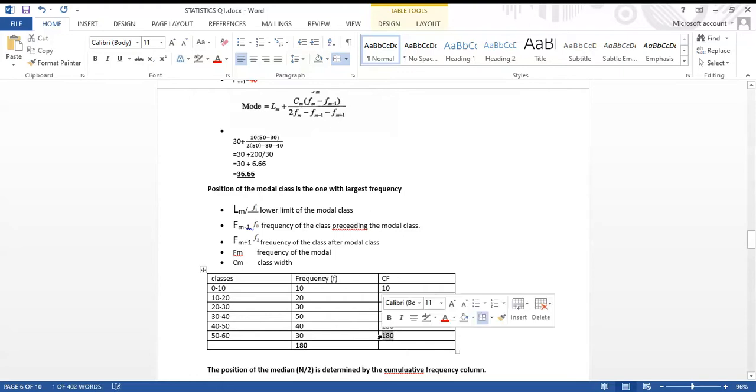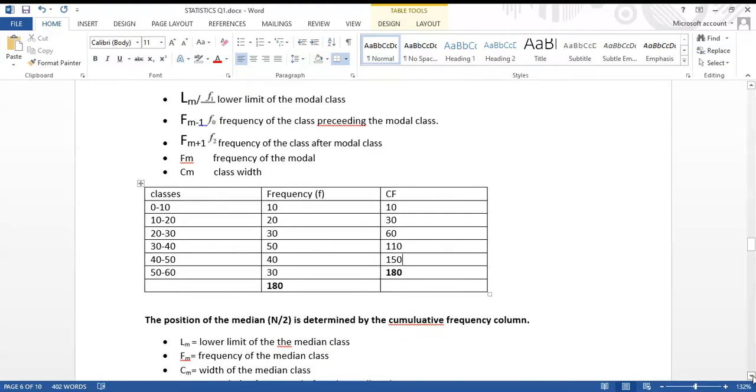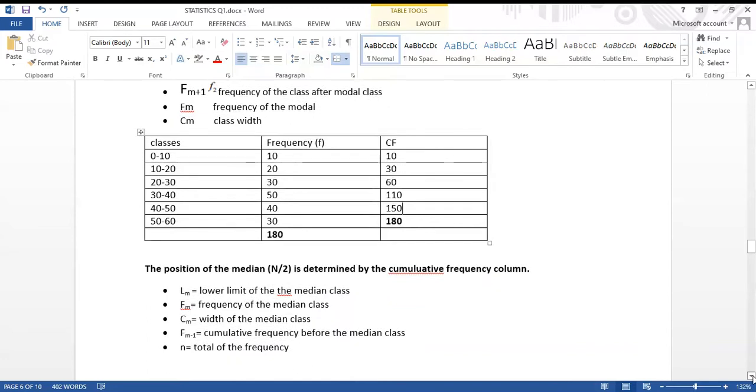The last number in the cumulative frequency should also equal the total frequency. So are we okay with that? Yes, sir.